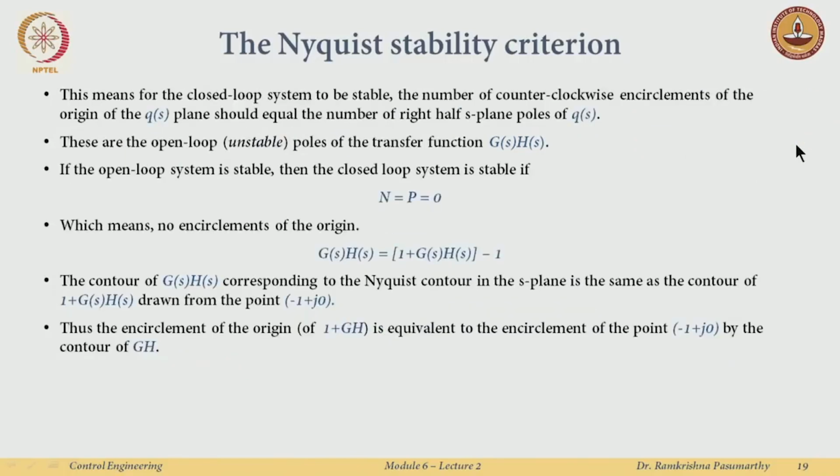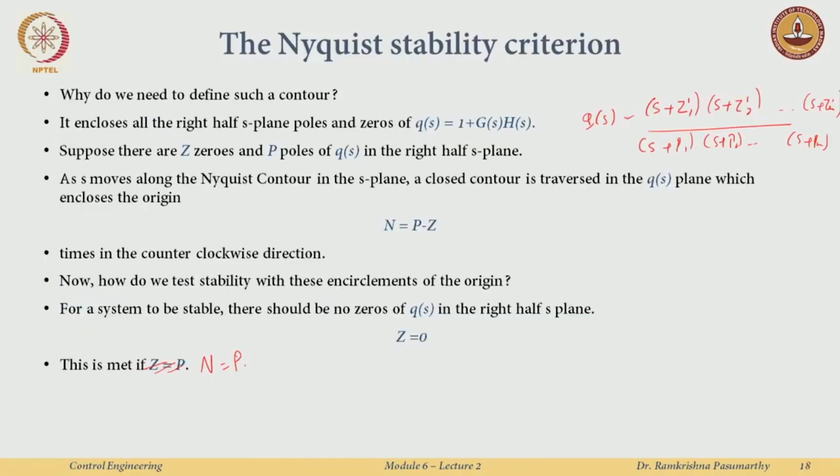This means that for the closed loop system to be stable, the number of counterclockwise encirclements of the origin of the Q(s) plane should equal the number of right half S plane poles. That is what I just explained.